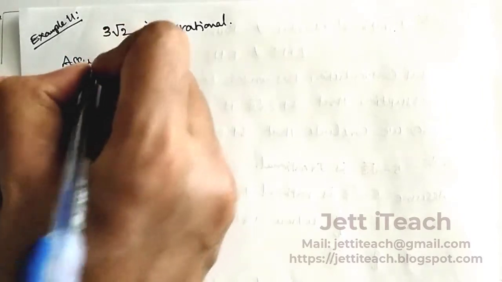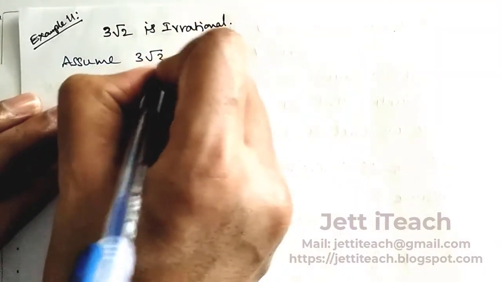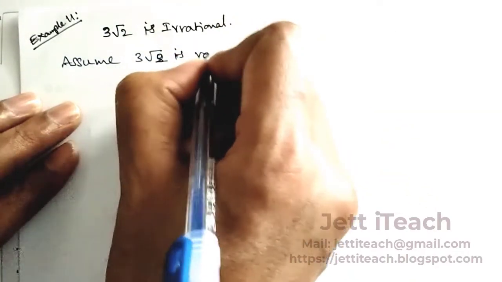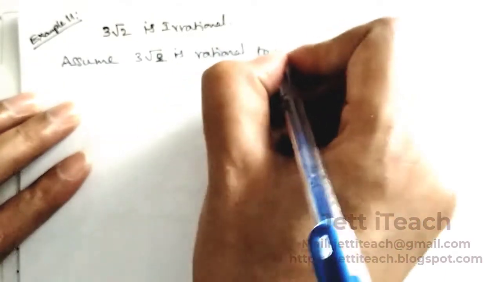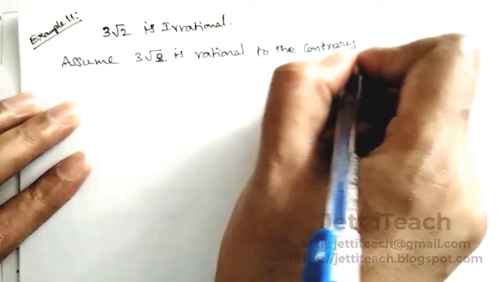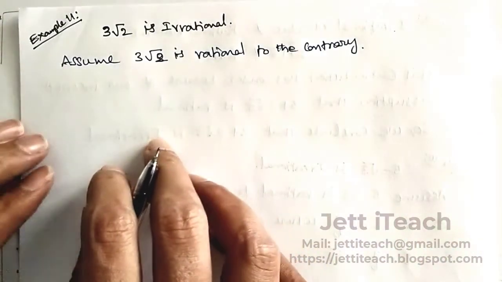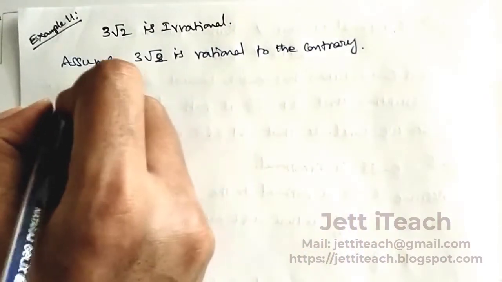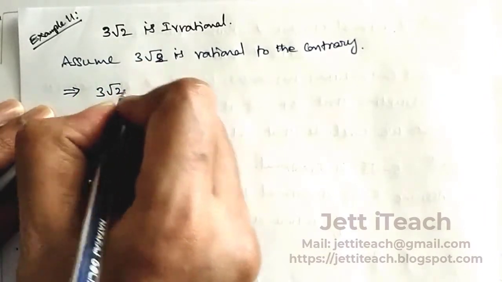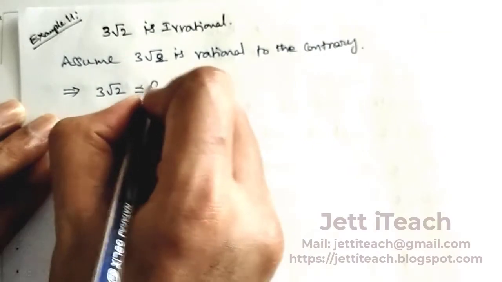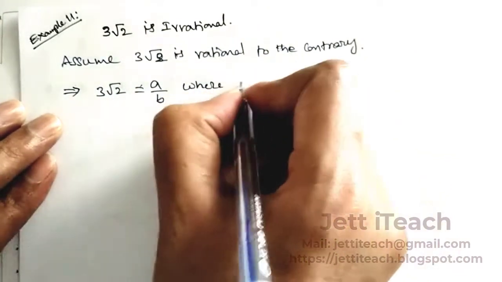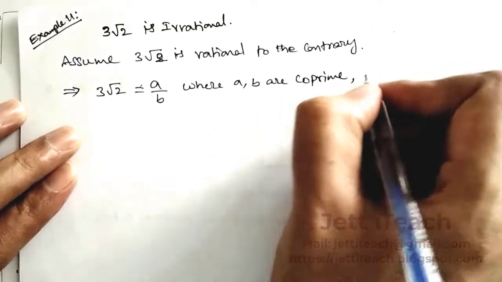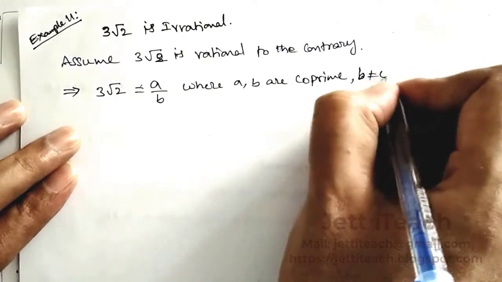Assume, since 3 root 2 is a rational number, you can write this number as a by b, where a and b are co-prime, b not equal to 0.